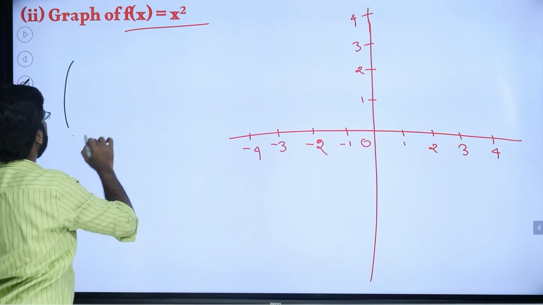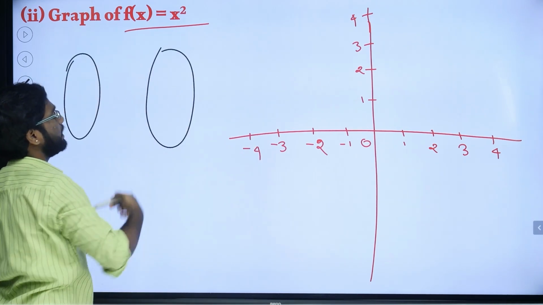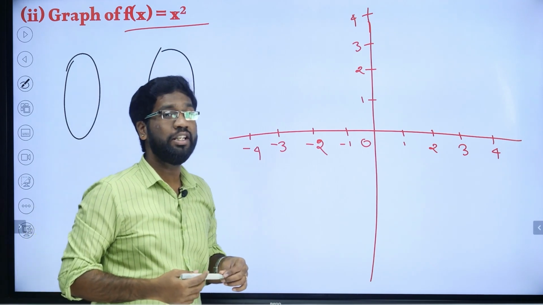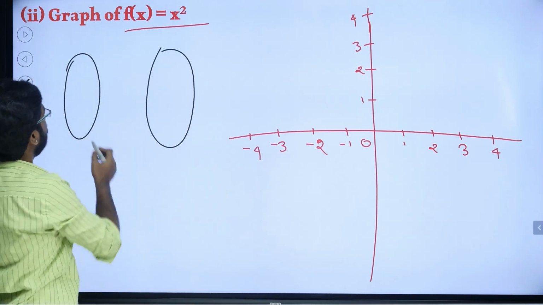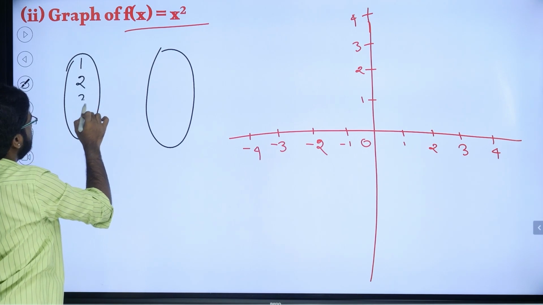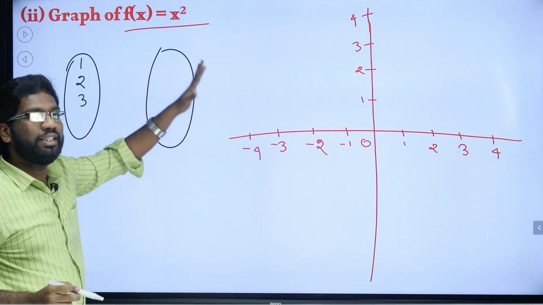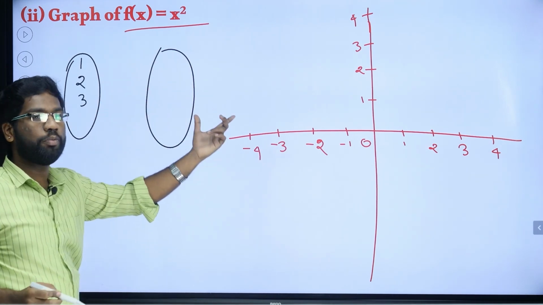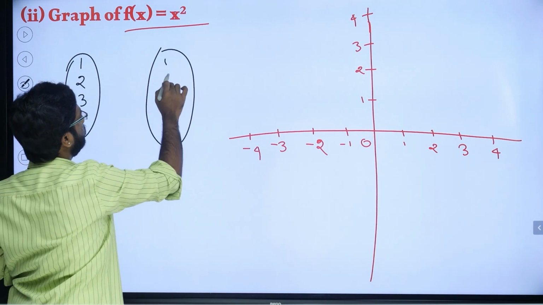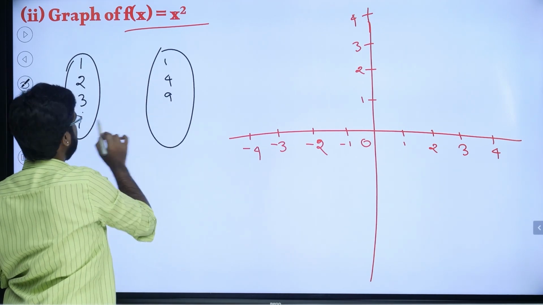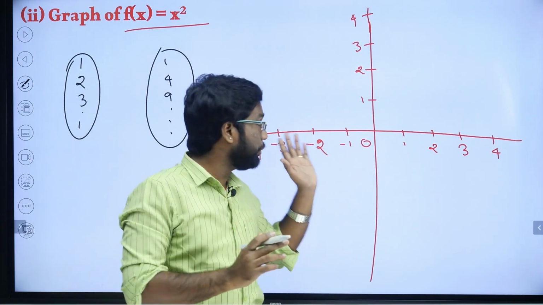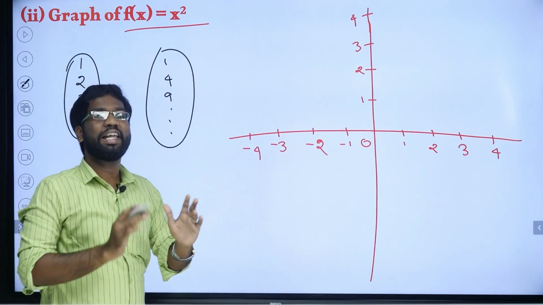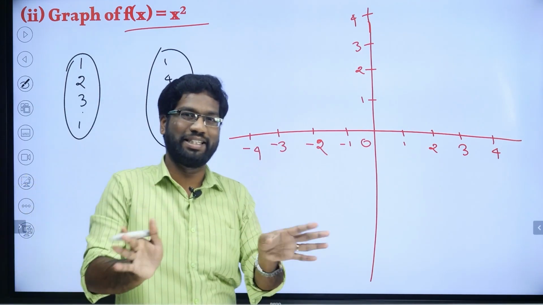I hope you all know what a function is, from the sets and relations topic. So the given function is x square. Whatever number I have, it will just square that number and give me the output 1, 4, 9, like that it goes. The duty of the square function is to square that number. That's it.